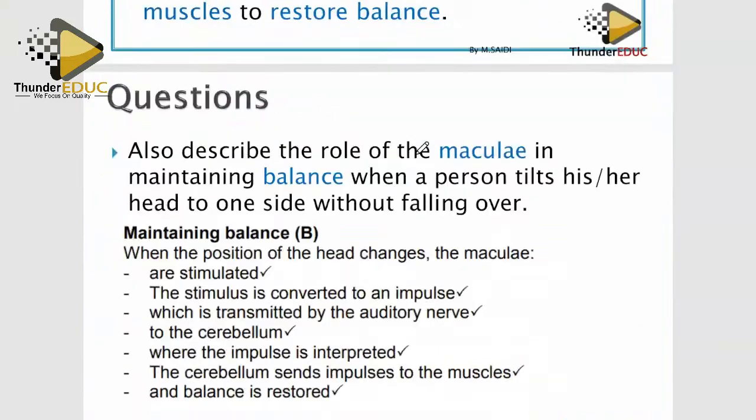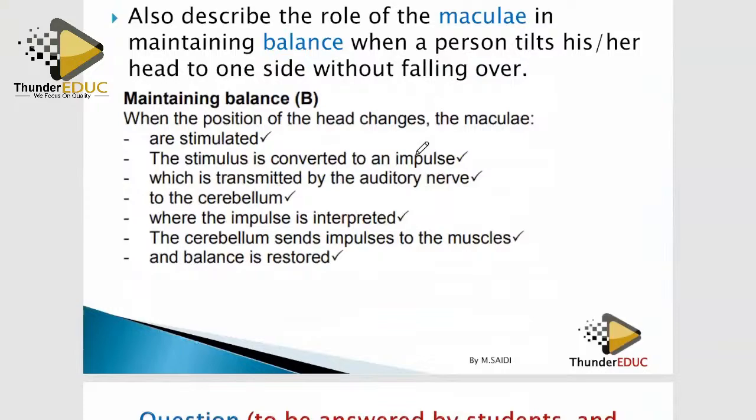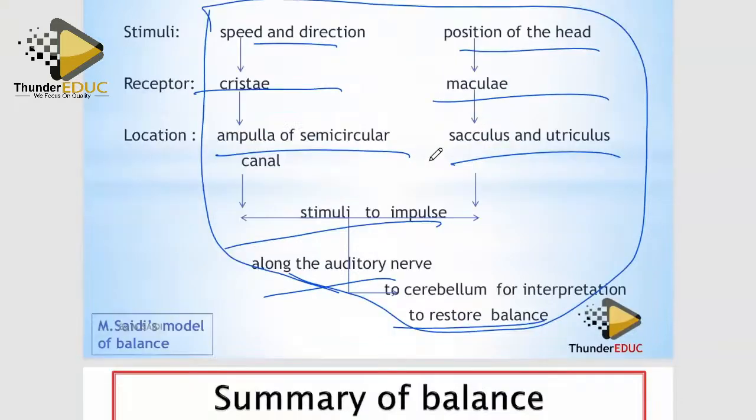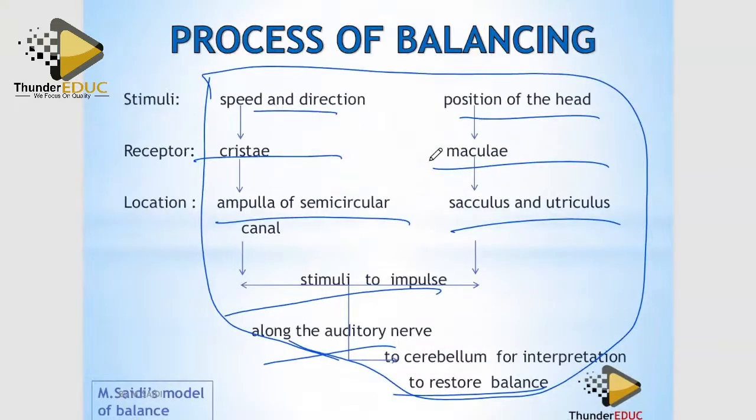Let me just emphasize this before I talk about the effects. When they bring a question, how do they bring it? They can bring an open question whereby they ask you to explain balance, or they bring a scenario. Zintle was playing netball, tried to shoot the goal, and then suddenly lost balance and fell.